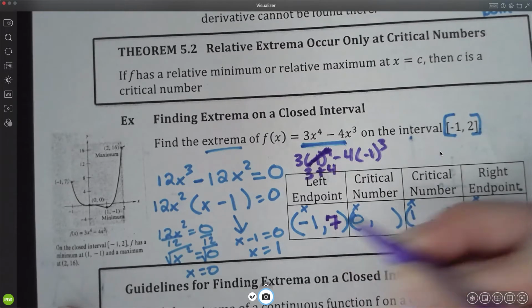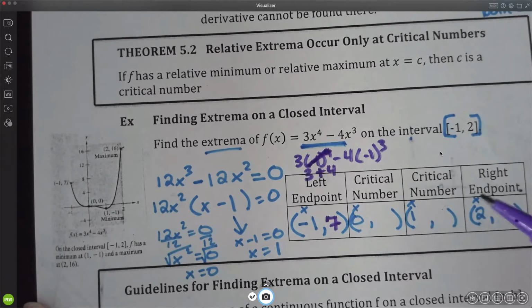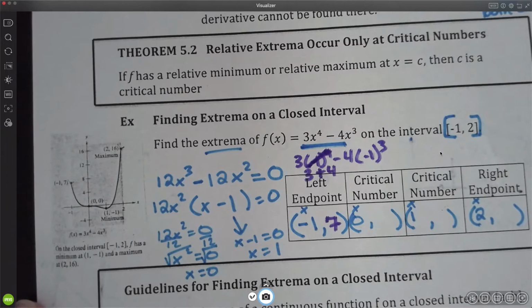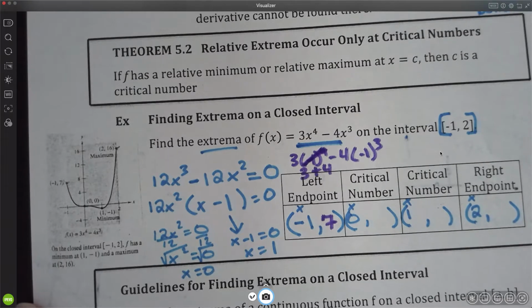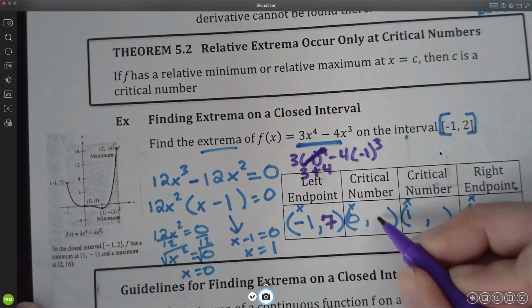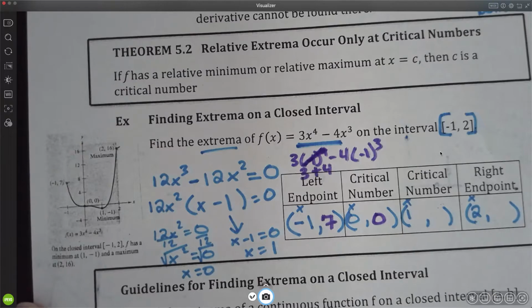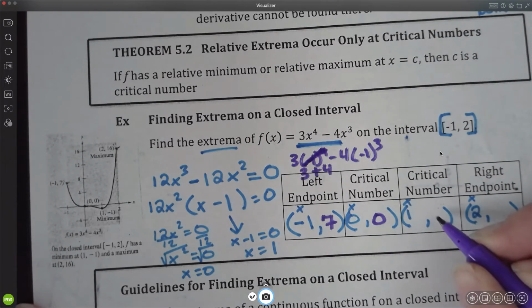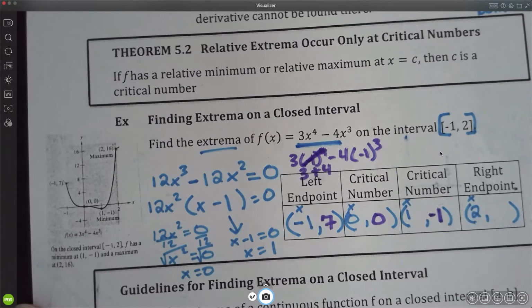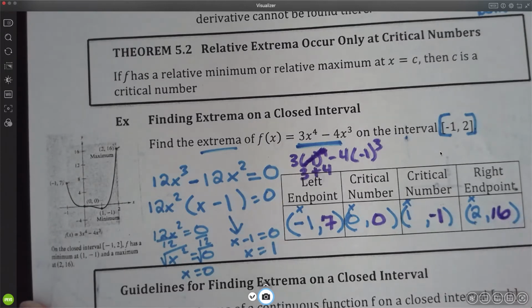And you can see from the graph, it is at -1, 7. Beautiful. If you plug 0 in, what do you get? 0, 0. Now, if I plug 1 in, I would get -1. If you plug 2 in, I'm going to cheat from the graph. 2 corresponds to 16. So those are the points where my critical numbers are going to be.